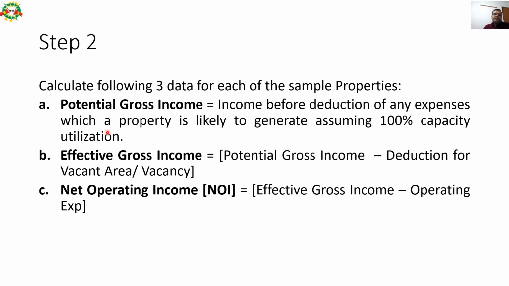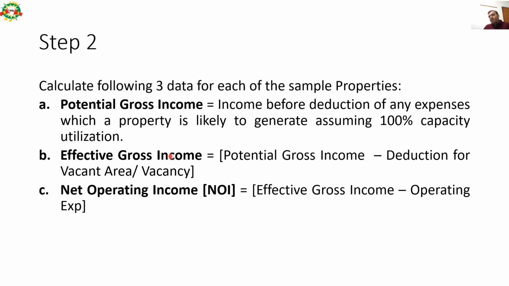So the next step, step number 2 of this method, is that we have to calculate the following 3 data for each of the sample properties, whatever 2, 3, 4 sample data properties we collect from the market. First we calculate potential gross income, which is income before deduction of any expenses that a property is likely to generate, assuming 100% capacity utilization.